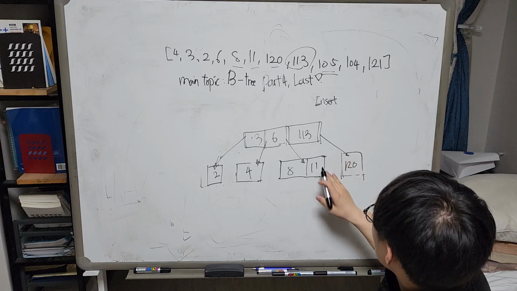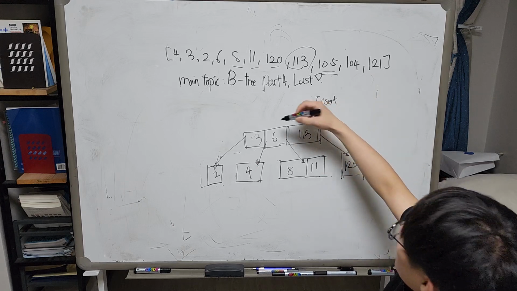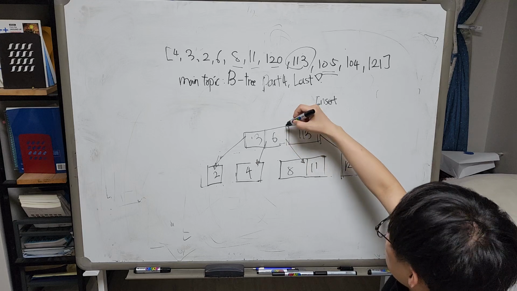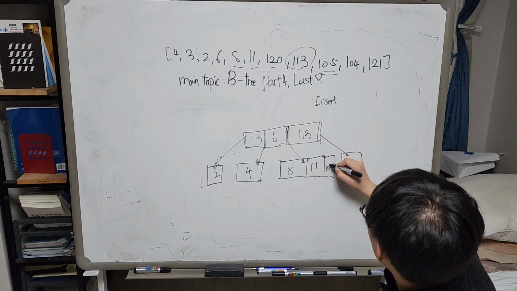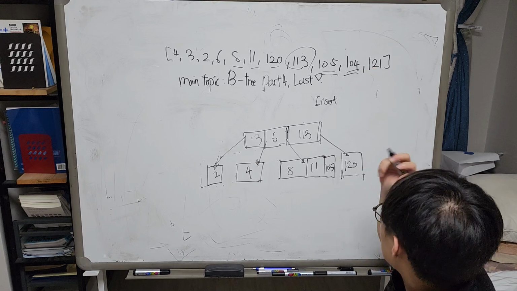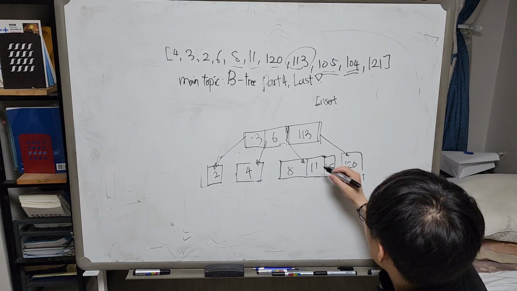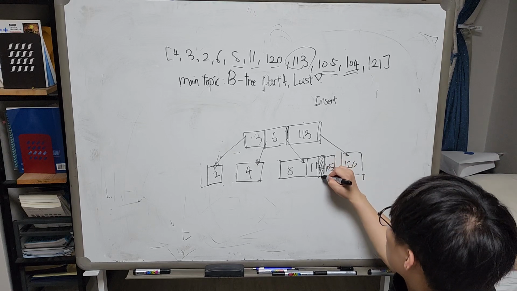Now let's insert 105. Since 105 is smaller than 113 and bigger than 6, you have to go to this part. Let's insert 105 and 104 in here. If you try to insert 104 here, this 104 is also going to be the primary key.